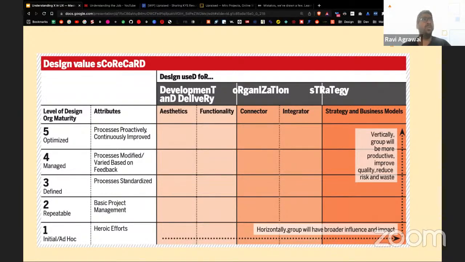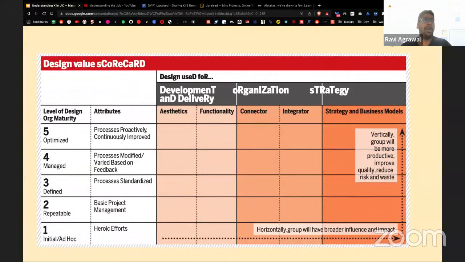And you have different levels of design maturity and different attributes. Now you can place different companies, and even for a single company, you can tell them, hey, this is your design maturity today, and how can you take this ahead.